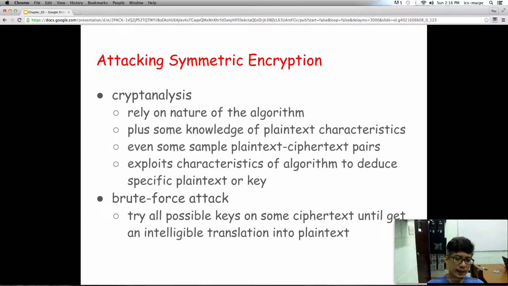This means that anyone can study the algorithm and try to find some problems with the algorithm or with the implementation of the algorithm. Another requirement for cryptanalysis is that the person doing the cryptanalysis should have some knowledge of the characteristics of the plain text.